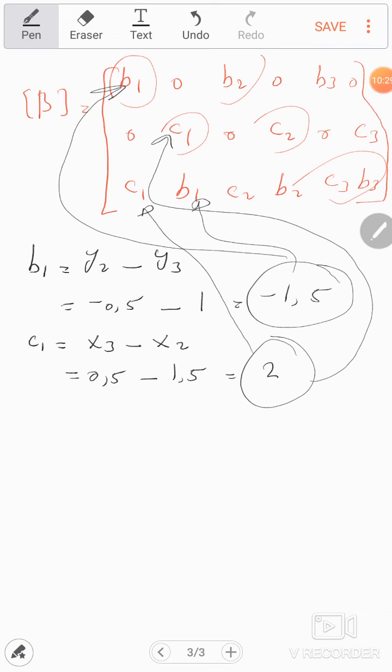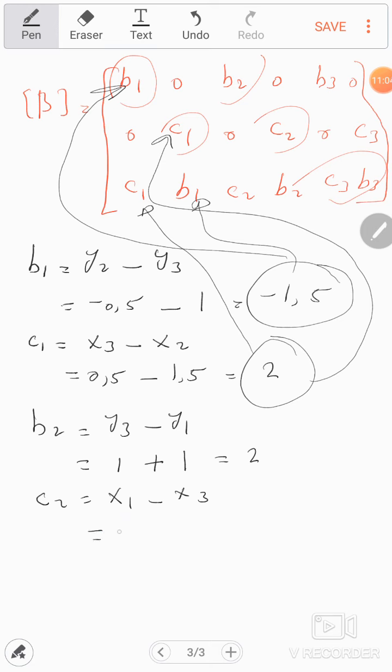Okay, let's go to b2 and c2. b2 equals y3 minus y1 equals 1 plus, because I have minus 1, so it will be 1 plus 1 equals 2. c2 equals x1 minus x3.